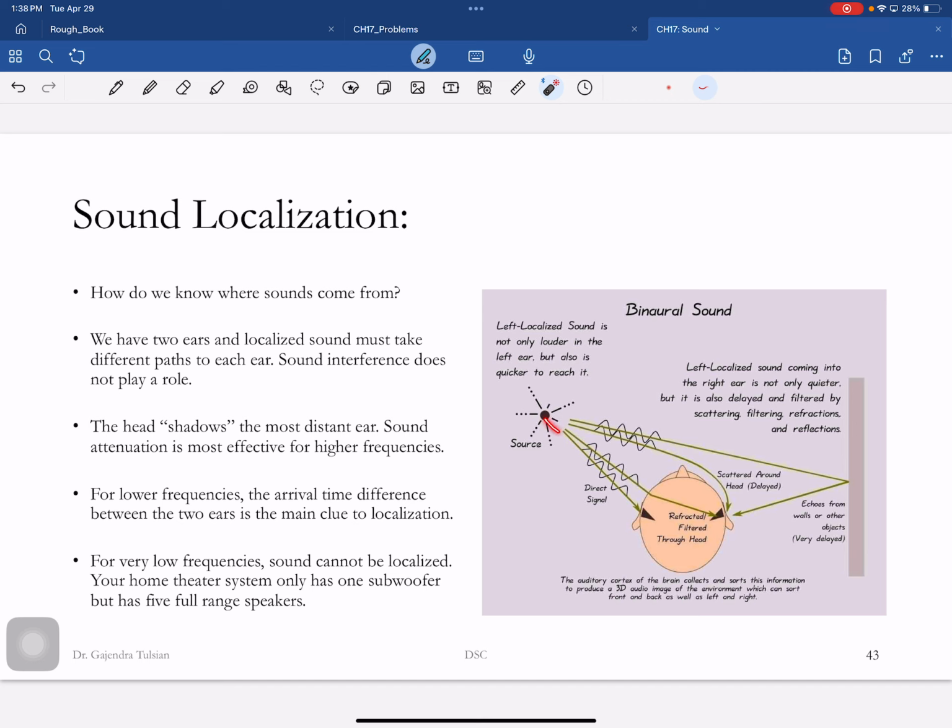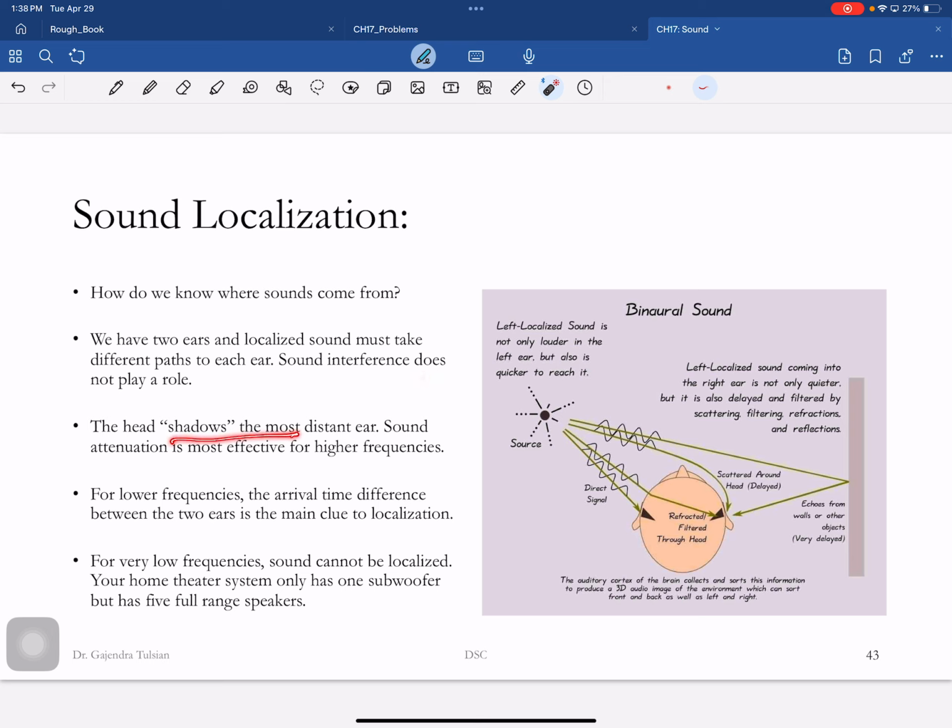If the frequency is low, then this sound comes here and this sound comes like that. If the frequency is higher, it goes straight through, and this sound is lower intensity, and that's how you tell for high frequencies.